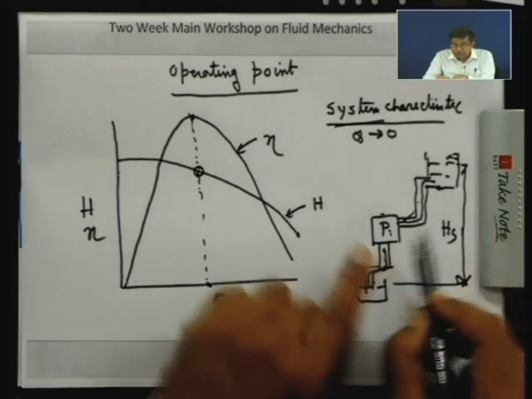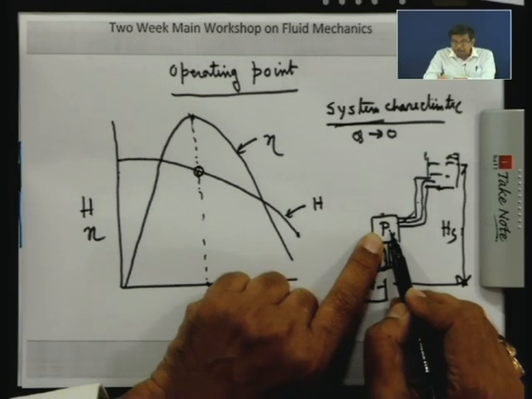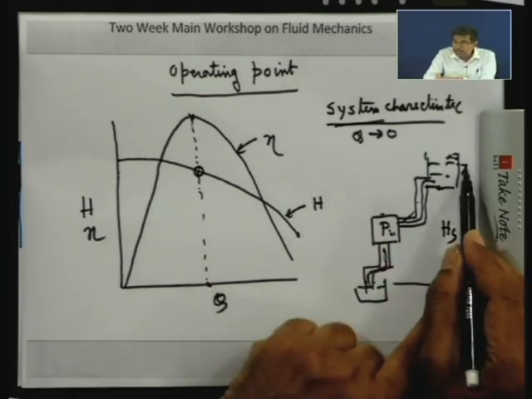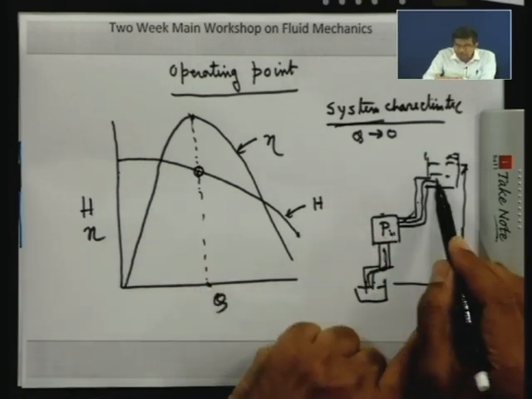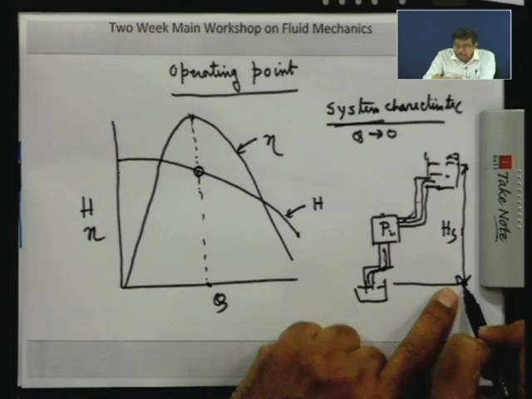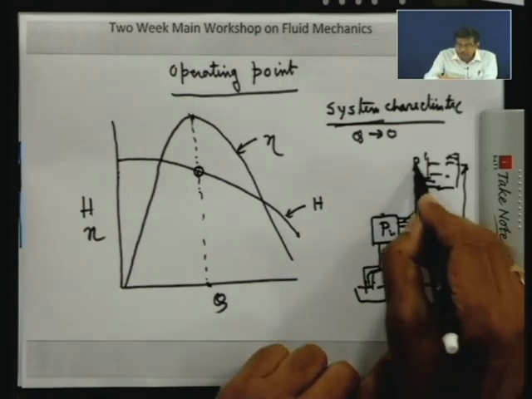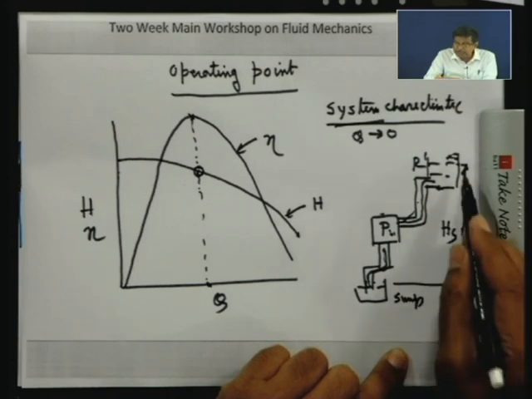That means the minimum head, the minimum energy which is required for the pump to lift the water, even at extremely small velocity, should correspond to this Hs lift, because it has to raise the water from this level at the sump to that level at the reservoir. Therefore, this is known as static head.